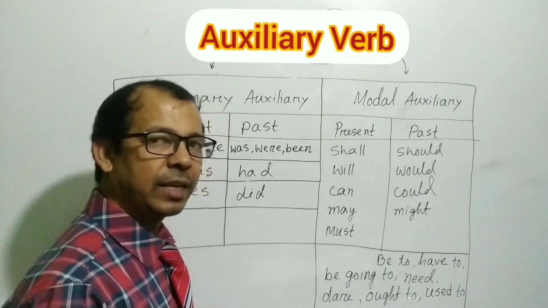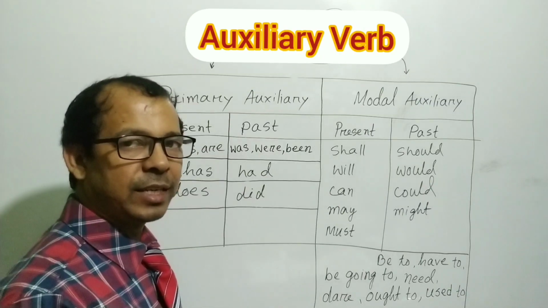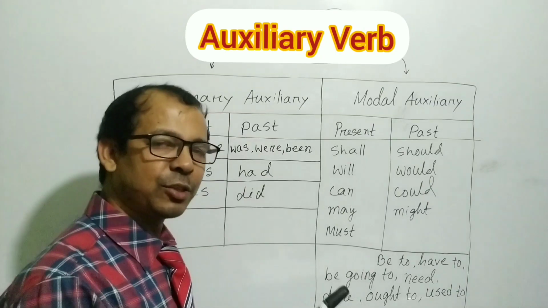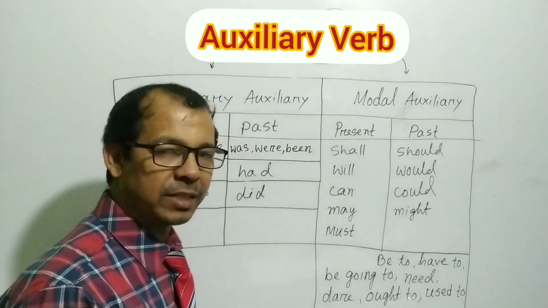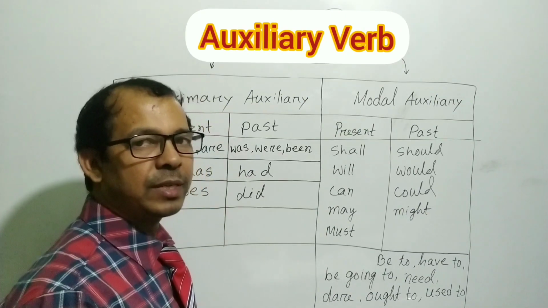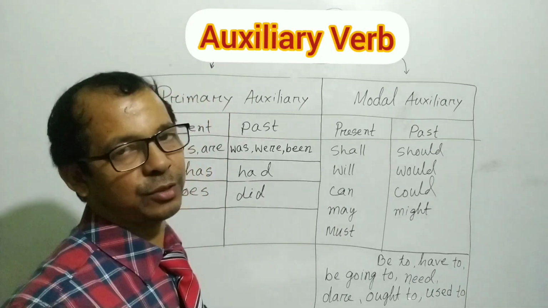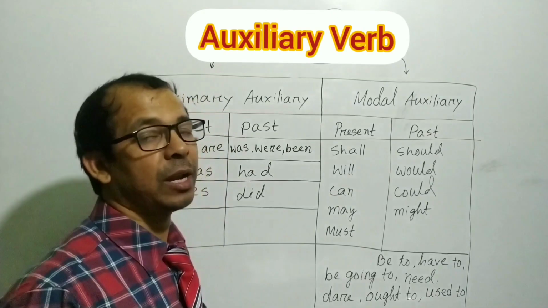Again I am telling: am, is, are, was, were, been, have, has, had, do, does, did. Shall, should, will, would, can, could, may, might, must, be to, have to, be going to, used to, dare, and ought to. Like this way you will memorize.